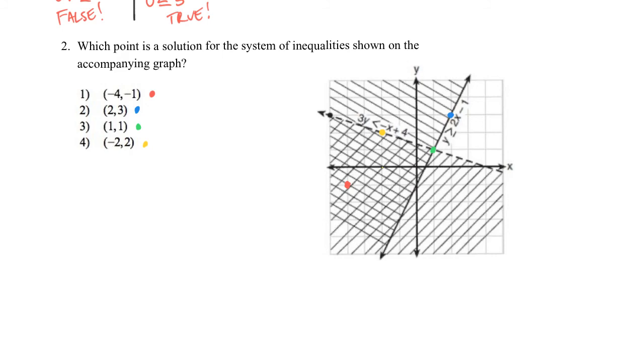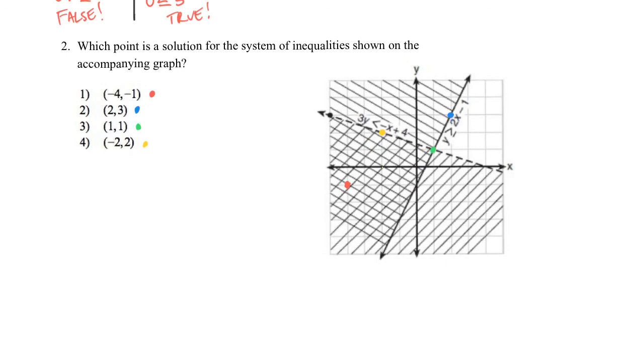Okay. So which of these is in the solution set? I know it's easy to see, right? Only the red one is in the solution set. Let's look at these other ones though. The yellow one is on the dotted line. Remember that points that are on dotted lines are not solutions.